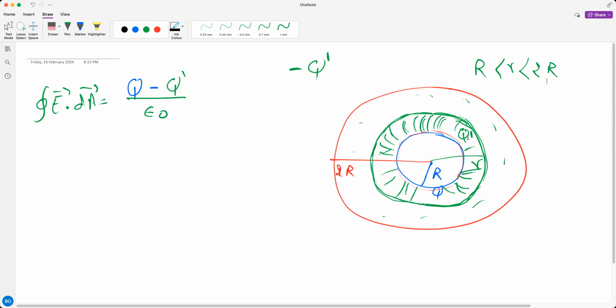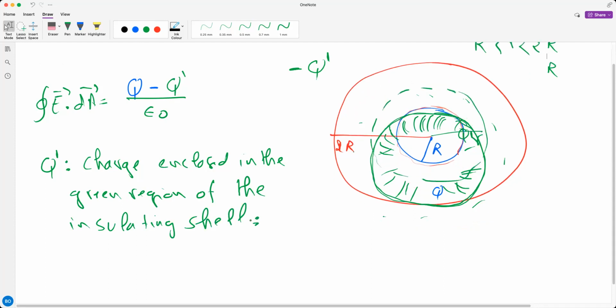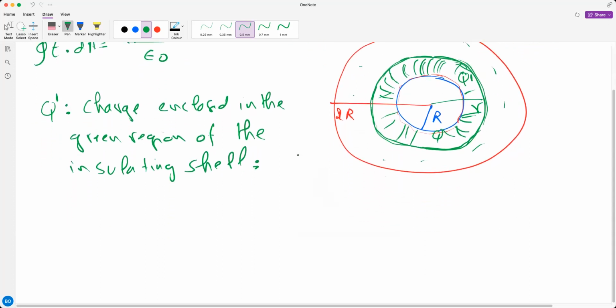Now I want to calculate Q prime. What is Q prime? Q prime is the charge enclosed in the green region of the insulating shell. How do I calculate Q prime?